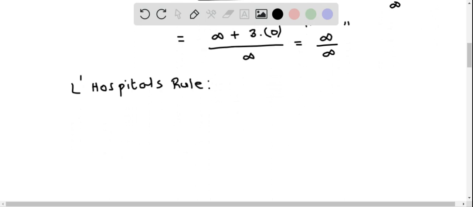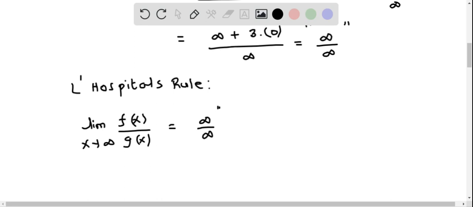So let me state L'Hopital's rule. When we have to find the limit of a quotient expression, f of x by g of x, when x approaches infinity, and if we end up with infinity over infinity, or one of the 7 different indeterminate forms, then we apply this L'Hopital's rule.